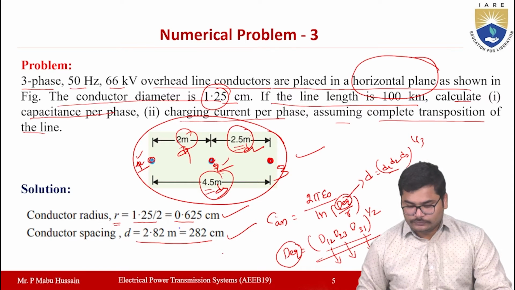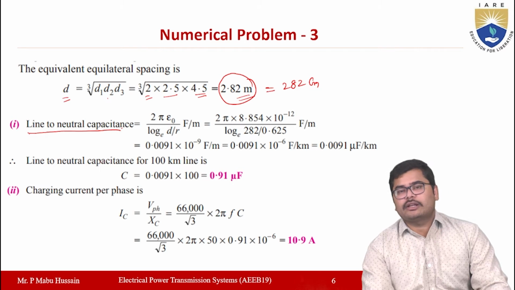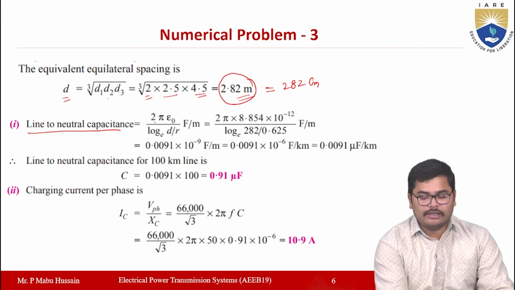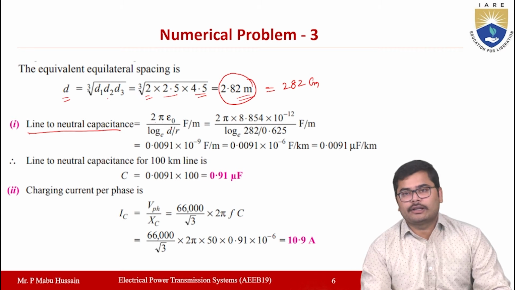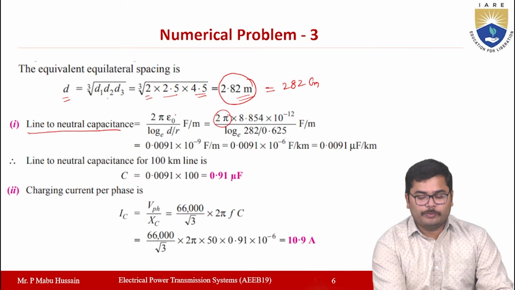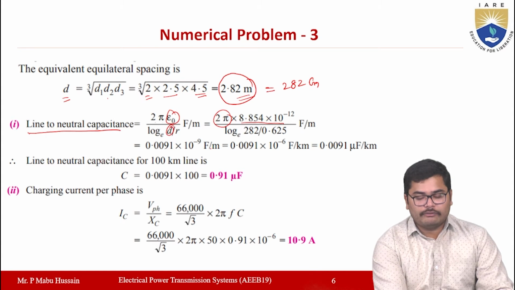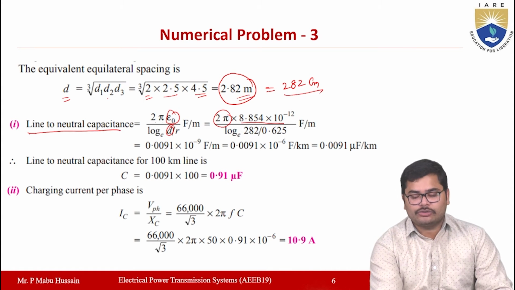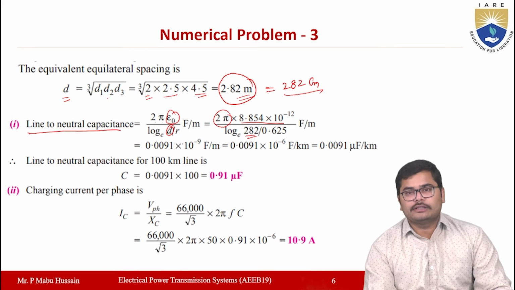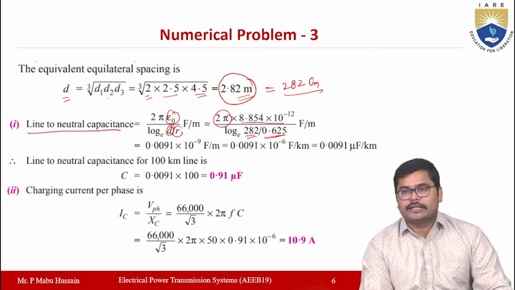Then the line to neutral capacitance, or per phase capacitance, is equal to 2 pi epsilon naught by ln D by R, in farads per meter. Here the epsilon naught value is always 8.854 into 10 to the power of minus 12, and D is D equivalent, which is 282 centimeters, and R is 0.625 centimeters.